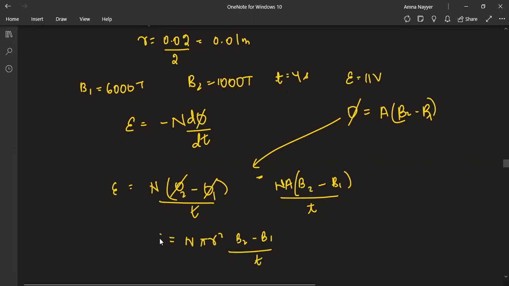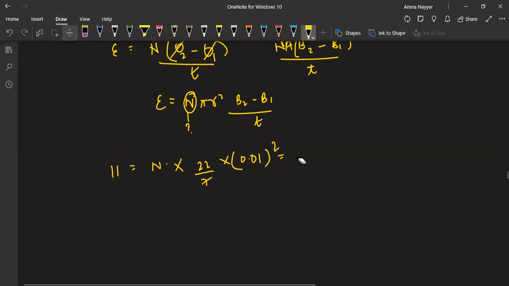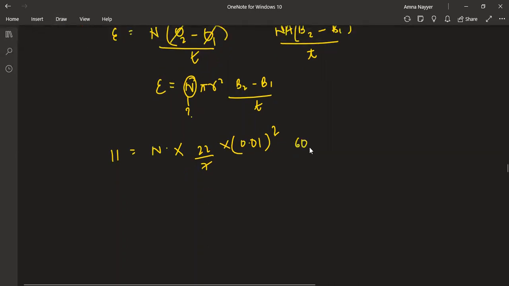Now from here, this is equal to EMF. This is unknown. The rest of the quantities are known. So what will be N? This will be equal to, EMF is 11, equal to N into pi, 22 by 7, radius is 0.01 whole square, into (6,000 minus 1,000) divided by 4 seconds.